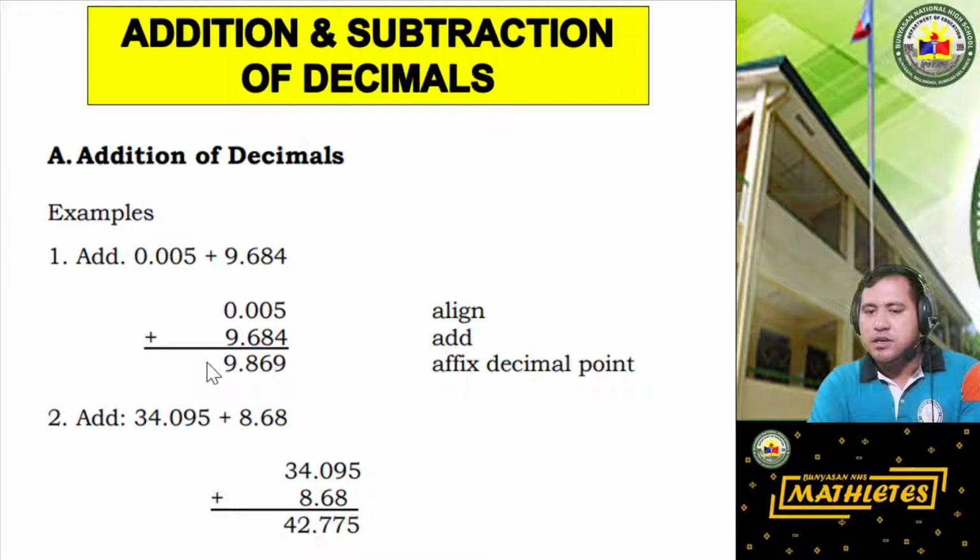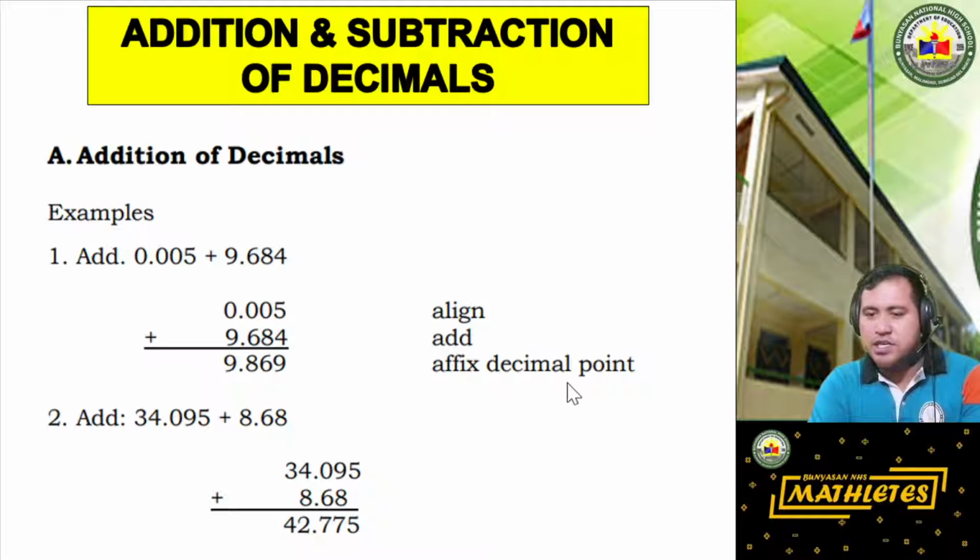After the alignment, we add. 4 plus 5 is 9. 8 plus 0 is 8. 6 plus 0 is 6. The 6 and 8 were reversed, since this came from the module.